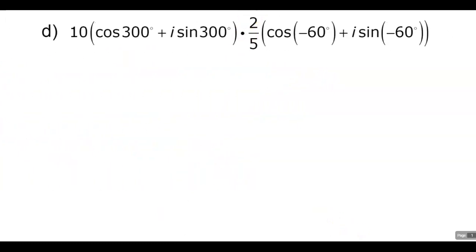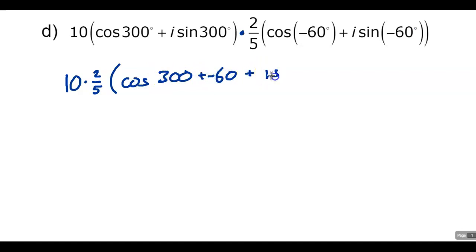Alright, back to multiplication, so I'm going to multiply 10 times 2/5, 2/5 of 10, and add some angles. Cosine of 300 plus a negative 60, plus i sine of the same. So 2/5 of 10 would be 4, and 300 minus 60 will be 240.